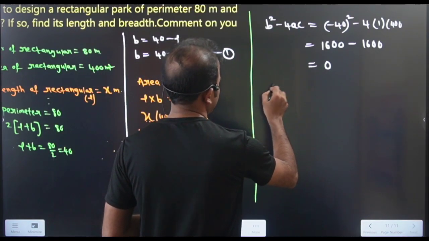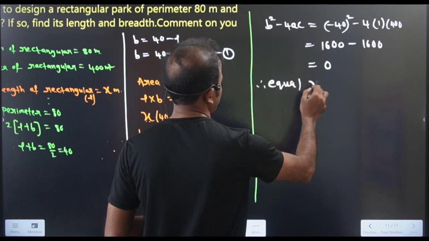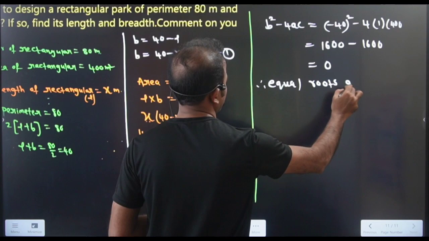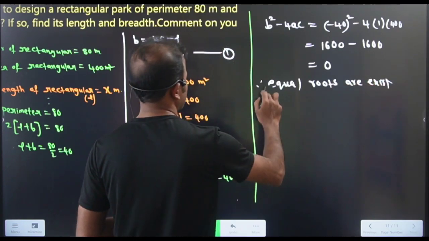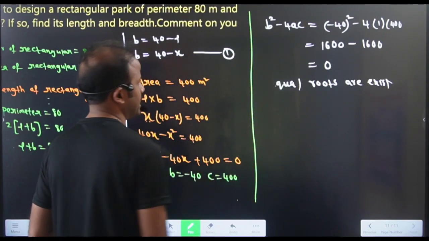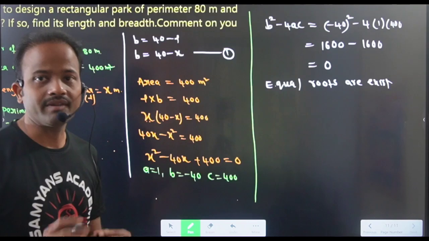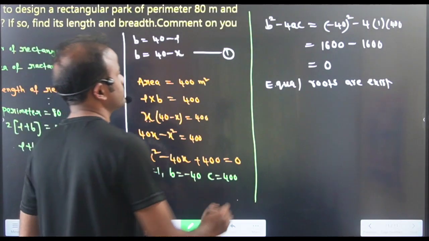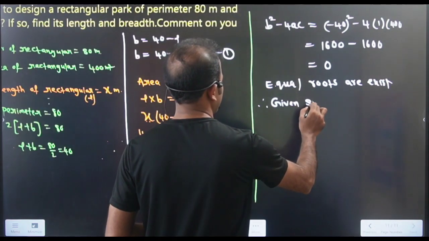That means here equal roots exist. That means here the given situation is possible.